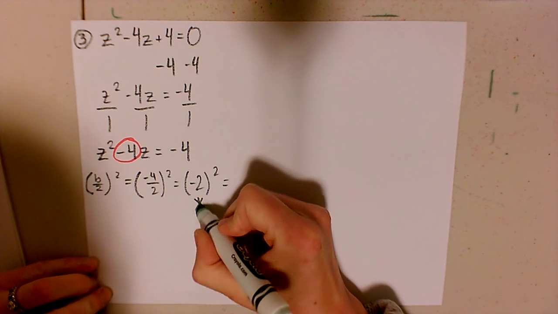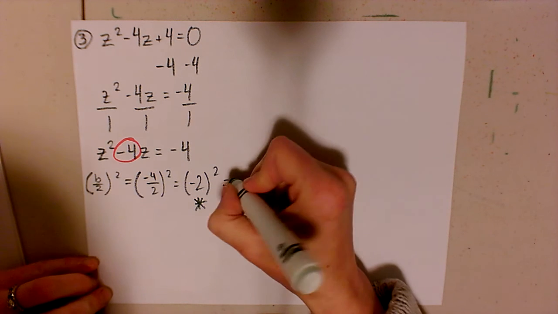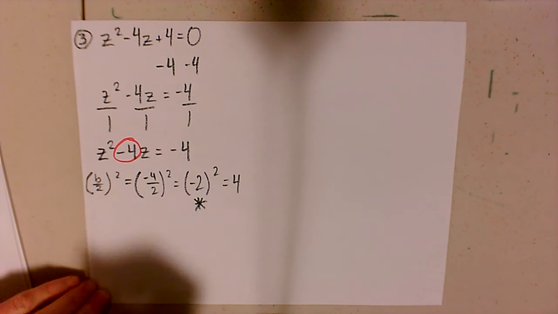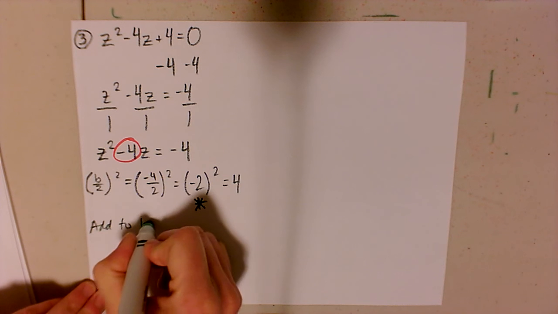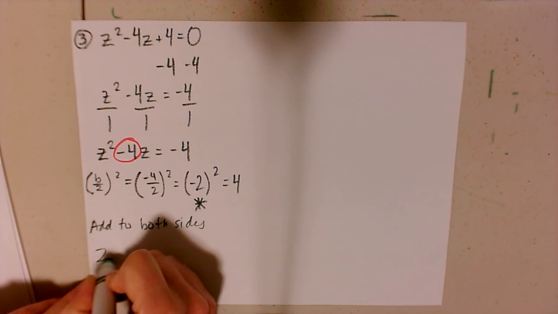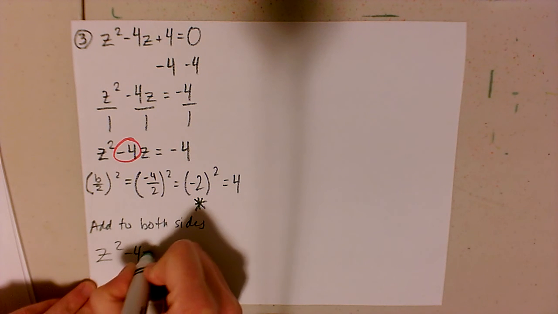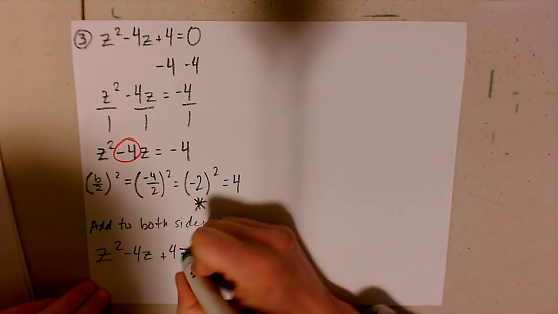Okay? And this negative 2, I'm going to put a star under it because we're going to use it later when we factor. And that's going to turn into a positive 4. And that positive 4, we're going to add to both sides. So then I'm going to have z squared minus 4z plus 4.